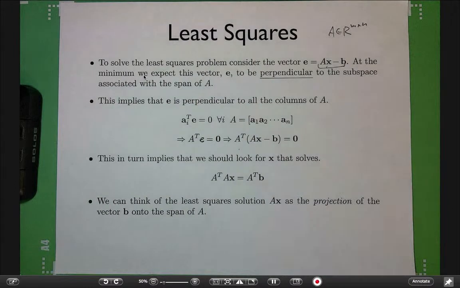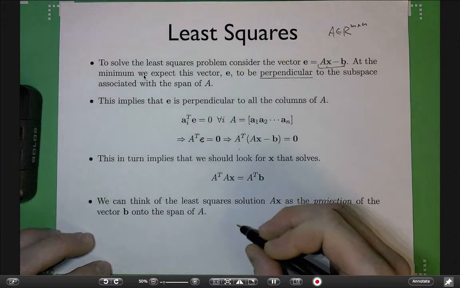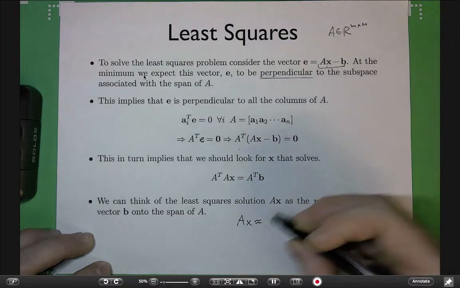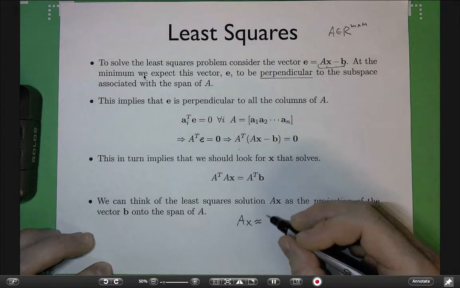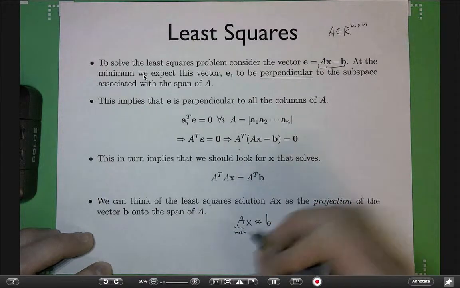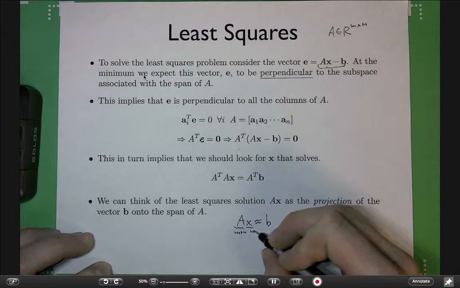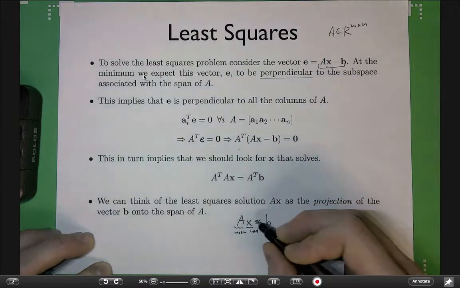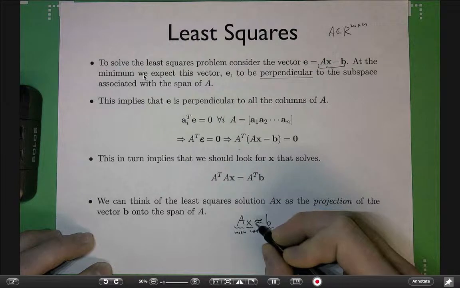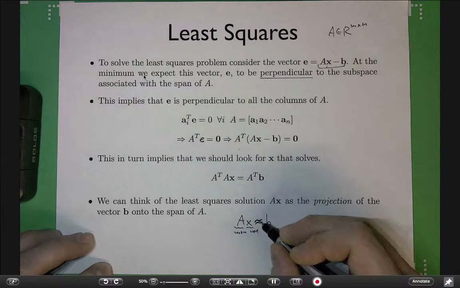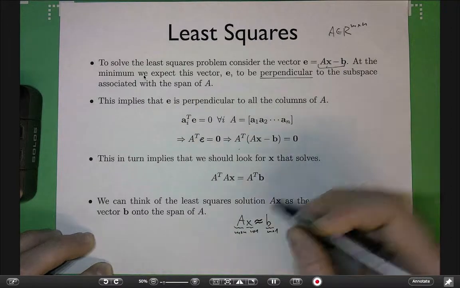By the way, there is an informal way, so this is not automatically correct, but it's good to remember it, right? So this is my m by n matrix, and this is an n by 1 vector, and this is an m by 1 vector. The equation cannot be satisfied exactly, so I sort of relax it to a least square solution, that's what these waves mean.